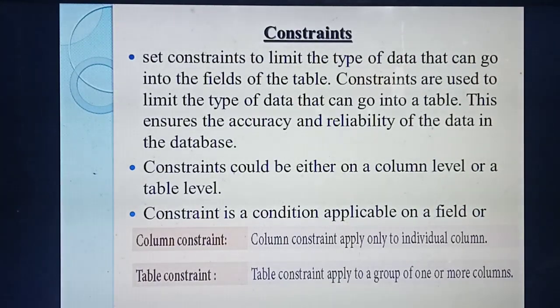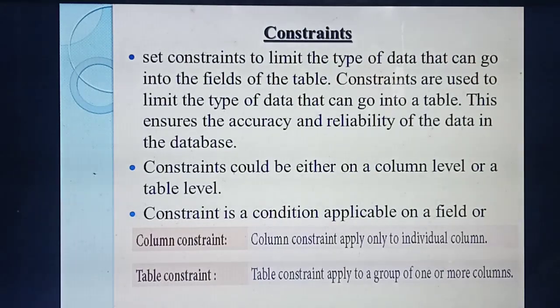Column constraint means the particular condition is applied to an individual column. For example, in a table there are 3 or 4 or 5 columns: name, age, gender. You are going to apply some condition for one column or two columns. That is called column constraint.